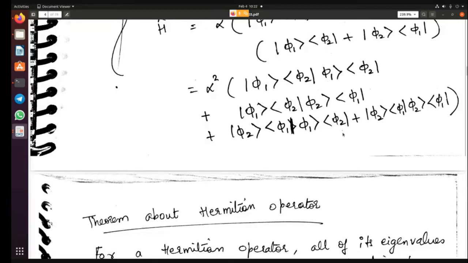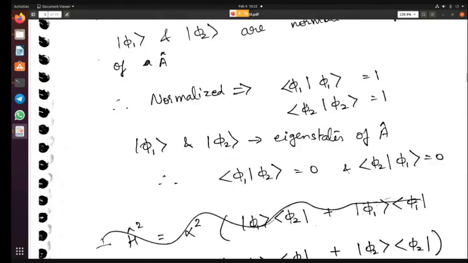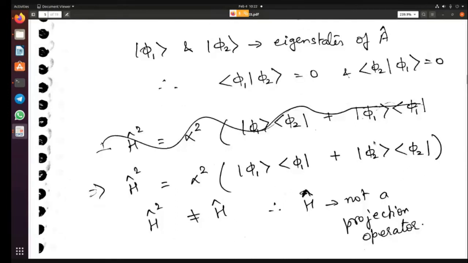Now applying all these conditions, what do you get? Because these are normalized, phi 1, phi 1 is 1 and phi 2, phi 2 is 1. And because these are eigenstates of A, phi 1, phi 2 is 0 and phi 2, phi 1 is 0. So ultimately you are left with only H square equal to alpha square into this term.